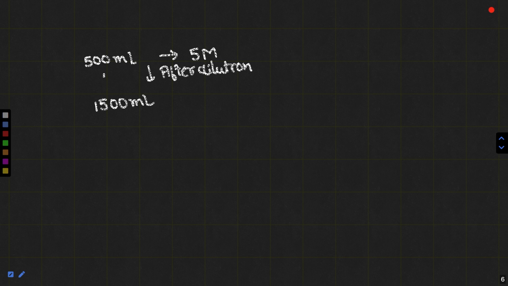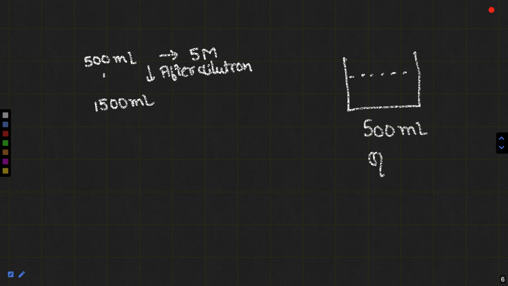Is it clear to you? Do you understand what is dilution? Okay. So what are we doing? Suppose we have a solution which has 500 ml of 5 molar solution. Now in the dilution process, we only add solvent.